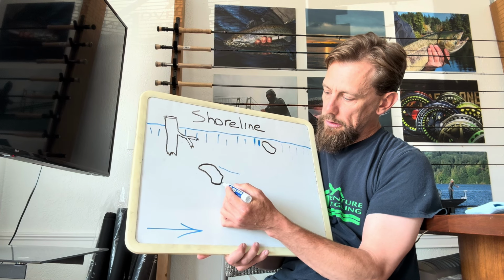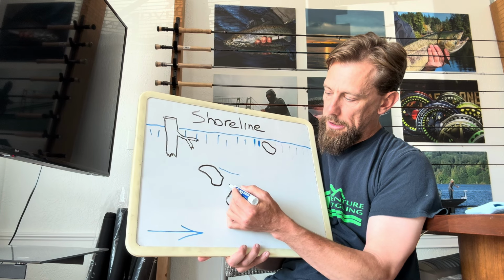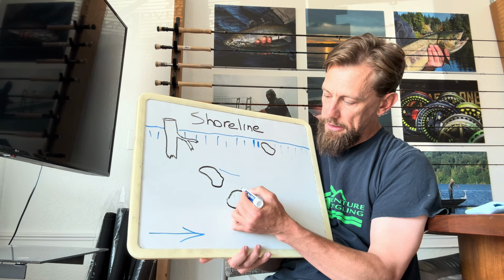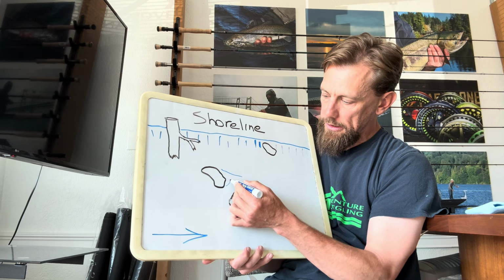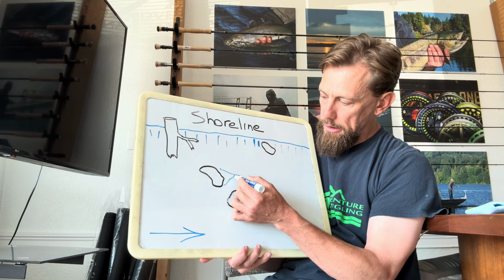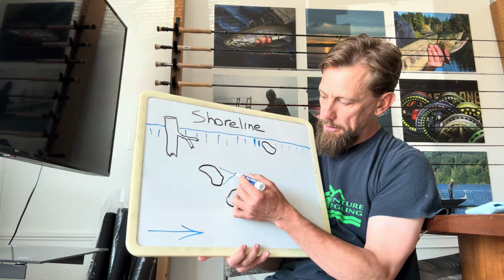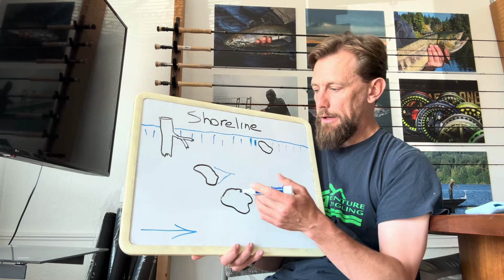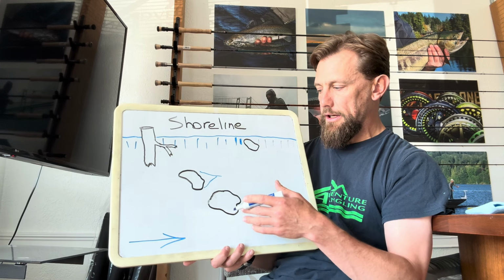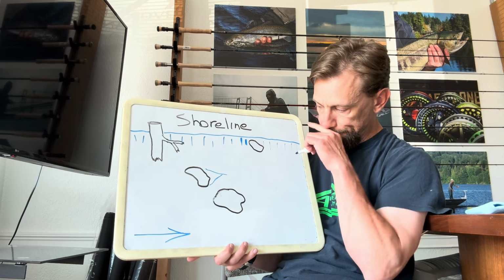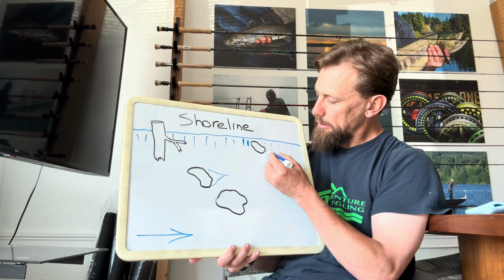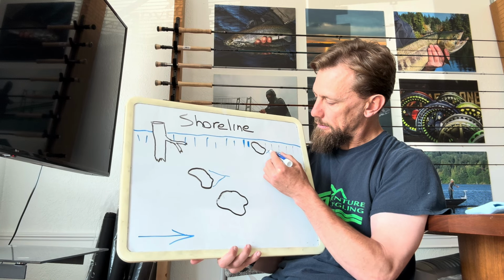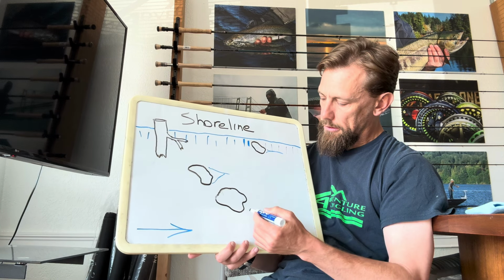Something like this, a current seam isn't going to come straight off this tip of the rock because this rock creates a little high pressure, so that's going to influence it, and it's going to push back up here, and these two are going to meet. Now, I'm assuming, for the sake of this drawing, that this is fairly good flow. You're going to have a nice little current seam coming off here.